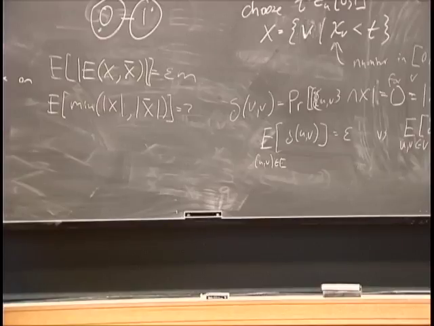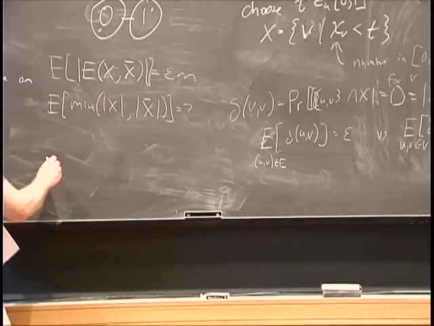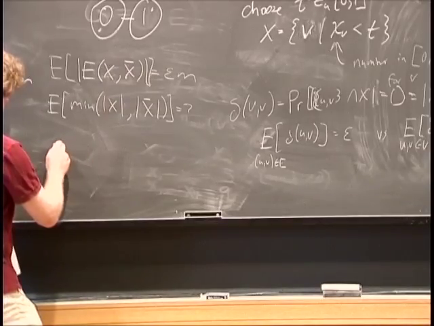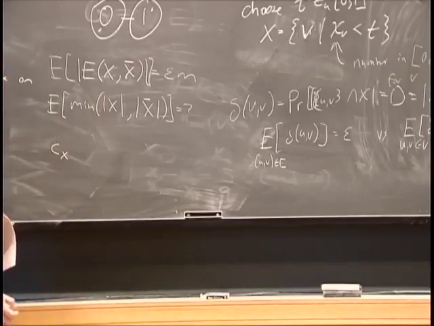What's the probability that they're cut? So let's say that Cx is the fraction of pairs of vertices that are cut.